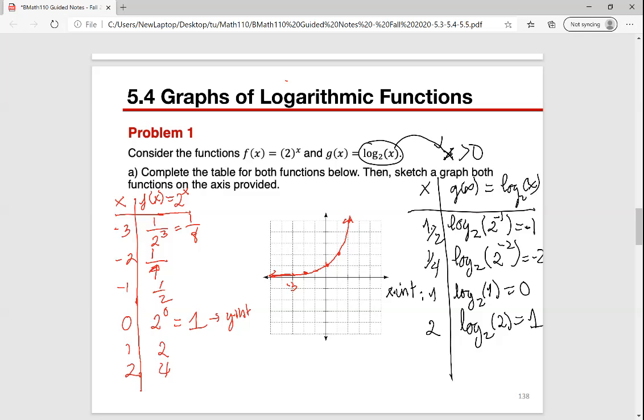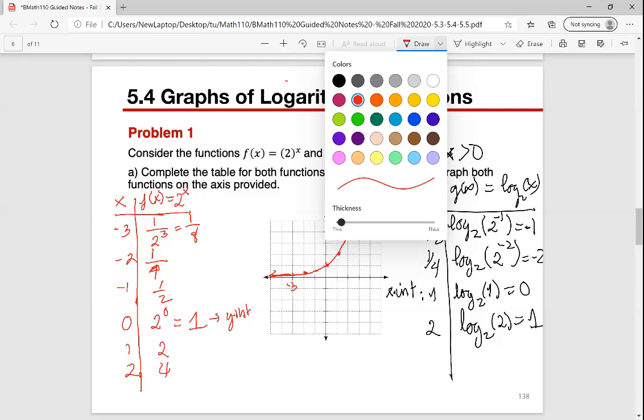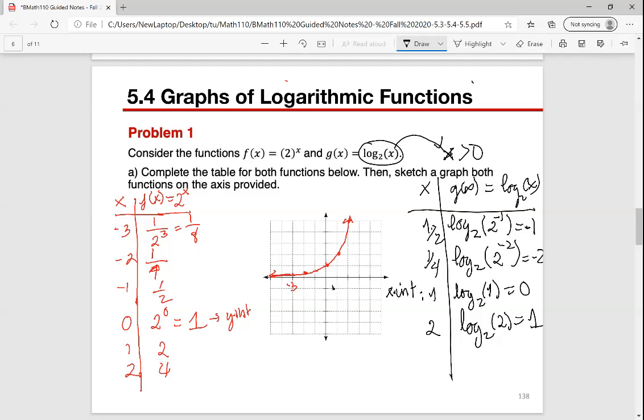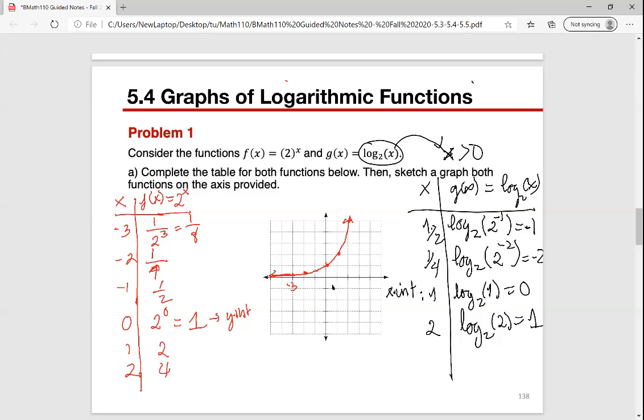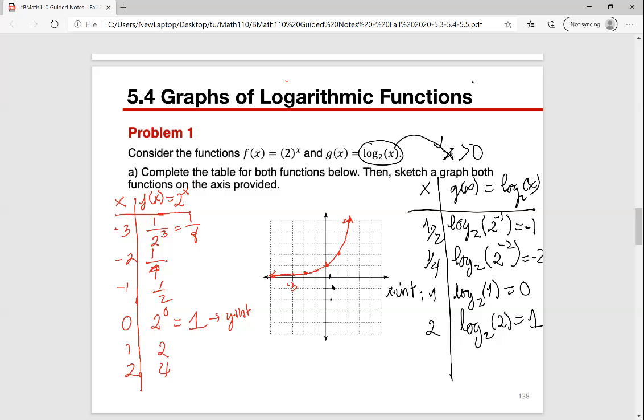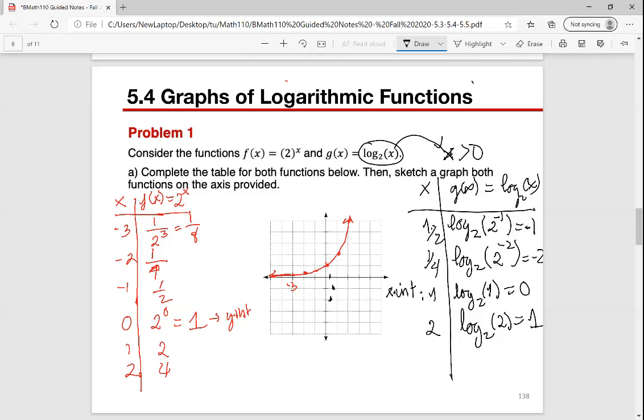What about the log form? So 1/2 and negative 1. Here is 1/2. Here is negative 1. Okay. What else? 1/4 and negative 2. 1/4 here, negative 2 maybe somewhere here.